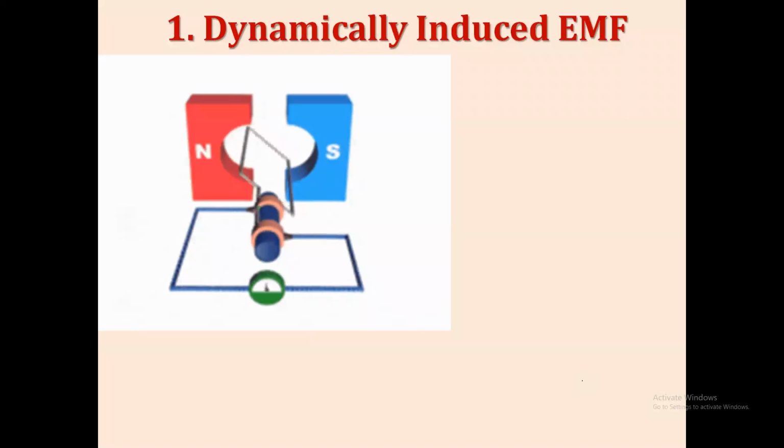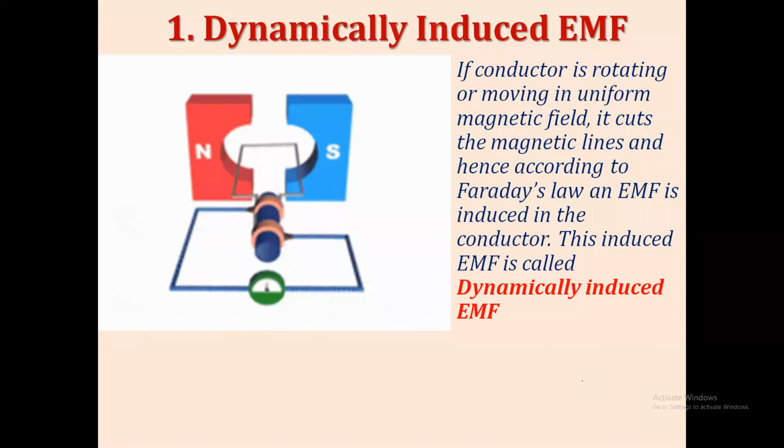And in this uniform magnetic field, a coil is rotating. When the coil rotates in a uniform magnetic field, it will cut the magnetic field. According to Faraday's law, when it cuts the flux, the EMF is induced. So in this case, the conductor is dynamic, the conductor is rotating, so it is called a dynamically induced EMF.